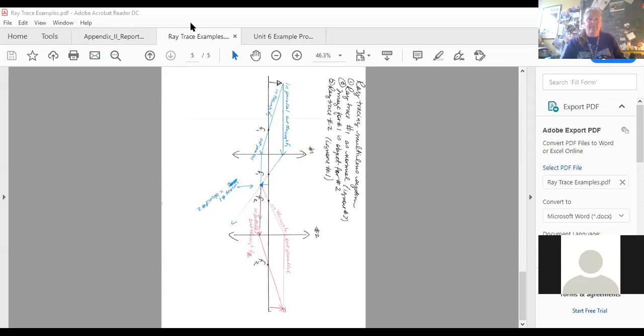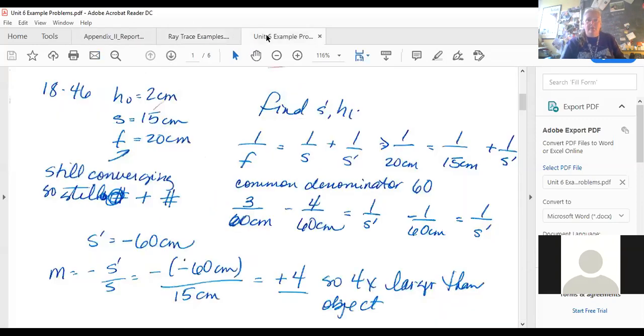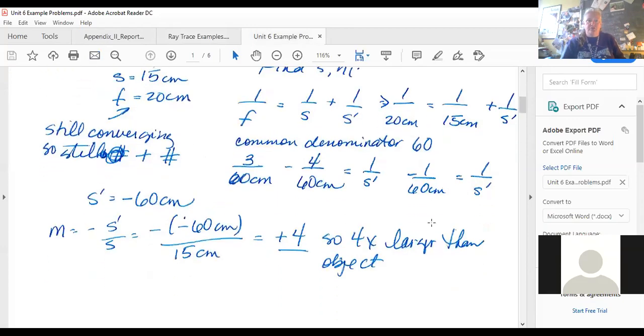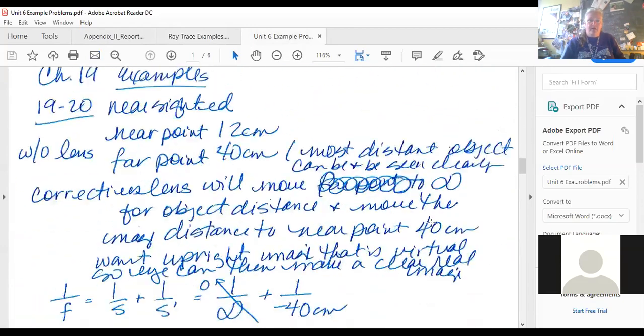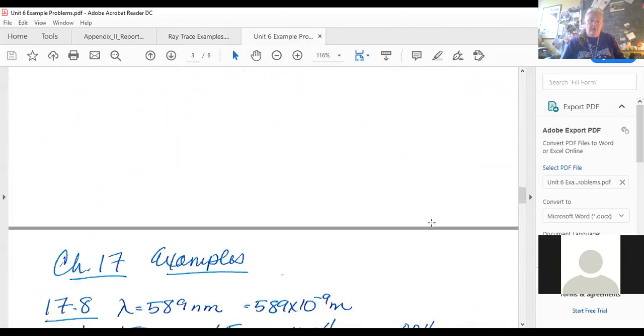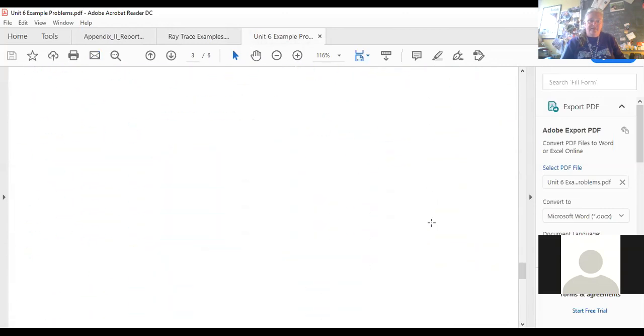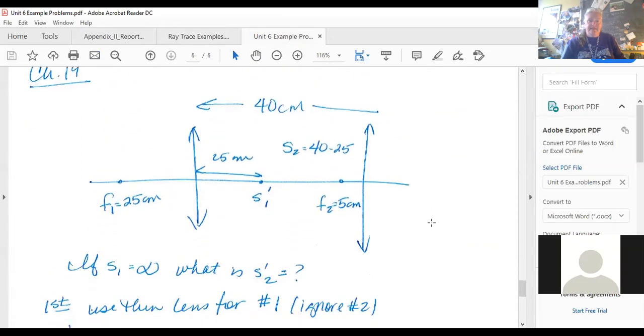That shows up in an example problem if you do a problem where you have multiple lenses and mirrors. So this is an example of that.